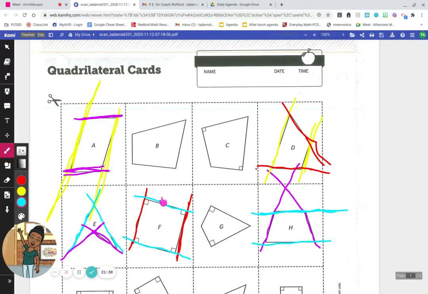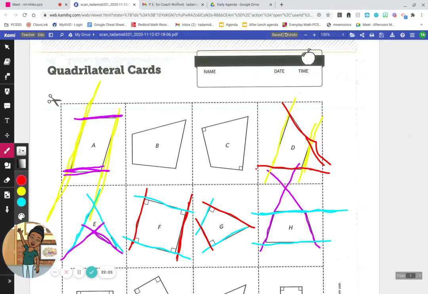I want you to complete G. But tell me, look at G. Let's look at the sides. I'll highlight that for you. Here's one side. Here's one side. Here's one side.